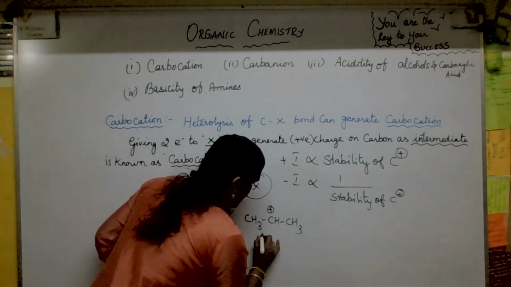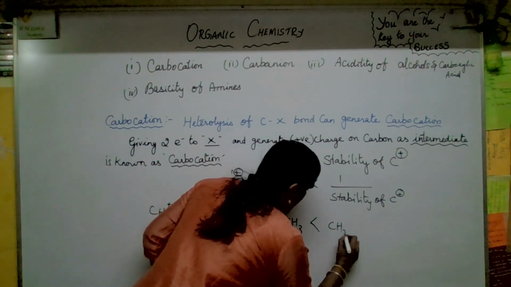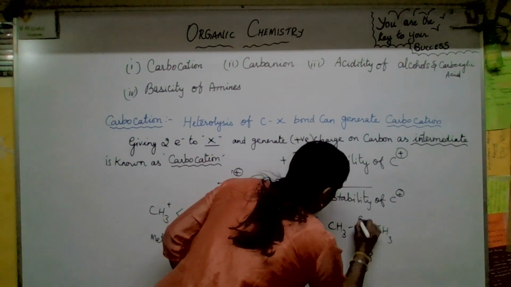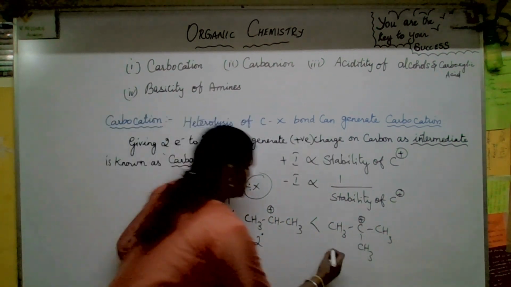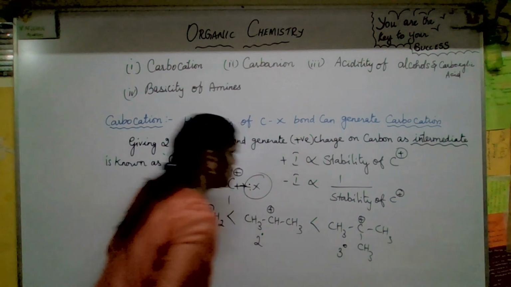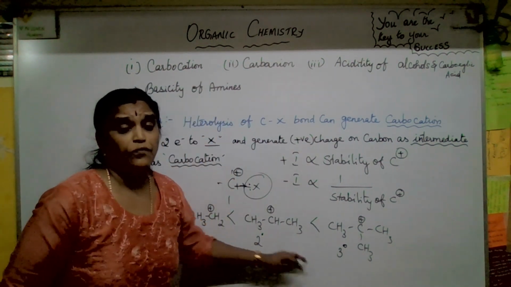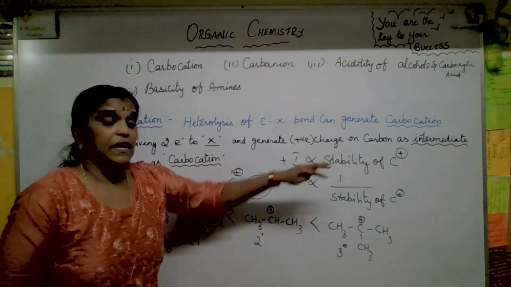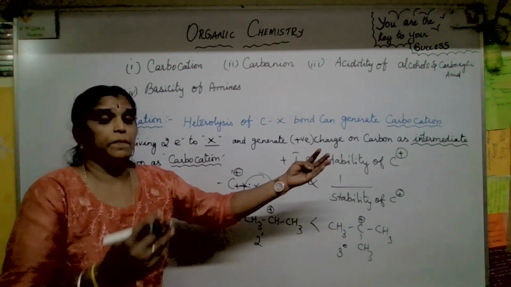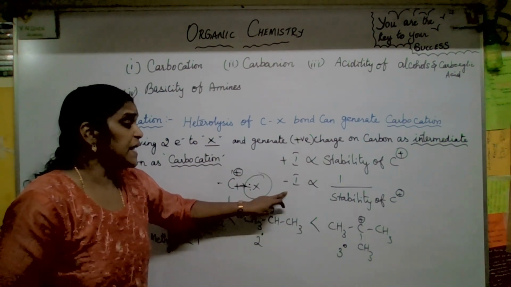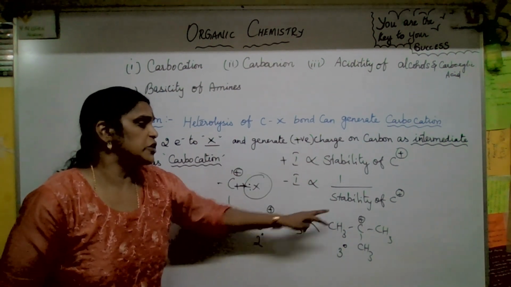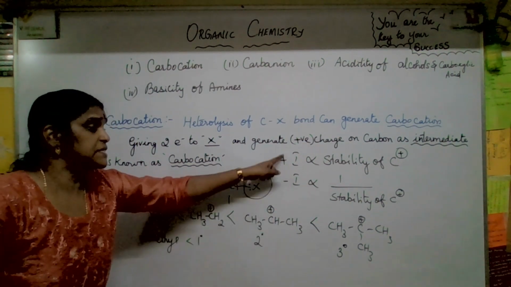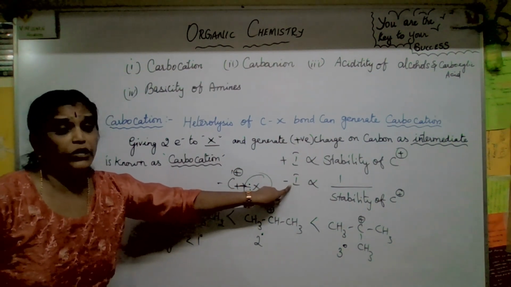Now this is secondary and this is tertiary, with CH3, CH3 and CH3 and here positive charge. So in that way, we can identify the carbocation stability. Number of carbon increases, stability of carbocation also increases. That is plus I effect. Minus I effect is inversely proportional to the stability of carbocation. Hope you are clear. We will go for some more examples related to this point of stability of carbocation.